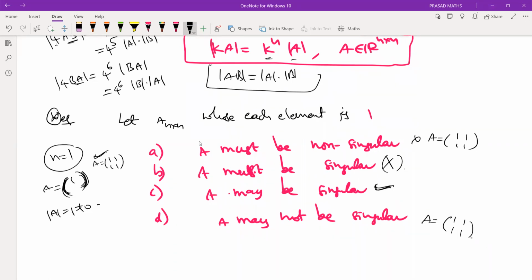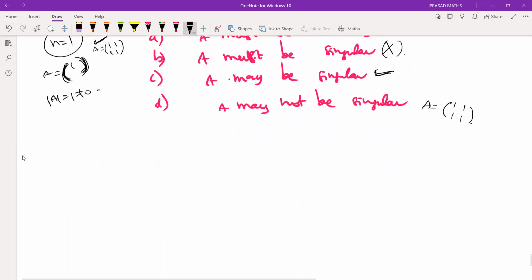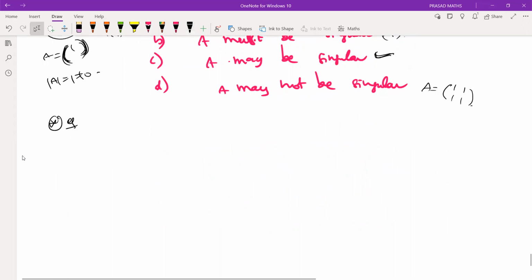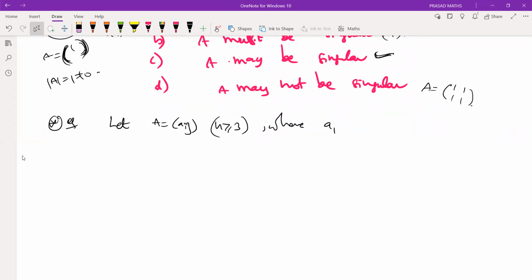Such questions will come. Next, there is another question. This was also given in 2014, sorry, 2013, this question was given. A equals Aij, n greater than or equal to 3, where each entry is bi square minus bj square for i equals 1, 2, 3 to n, j equals 1, 2, 3 to n, for some real distinct numbers bi, bj.